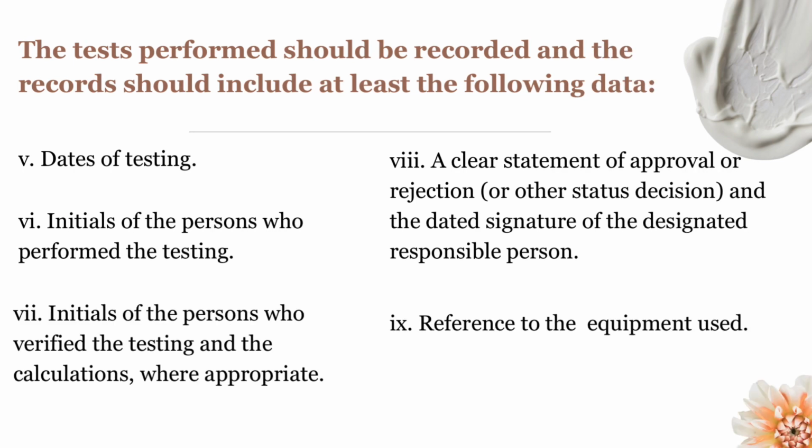Dates of testing. 6. Initials of the person who performed the testing. 7. Initials of the person who verified the testing and the calculations. 8. A clear statement of approval or rejection or other status decision, and the dated signature of the designated responsible person. 9. Reference to the equipment used.